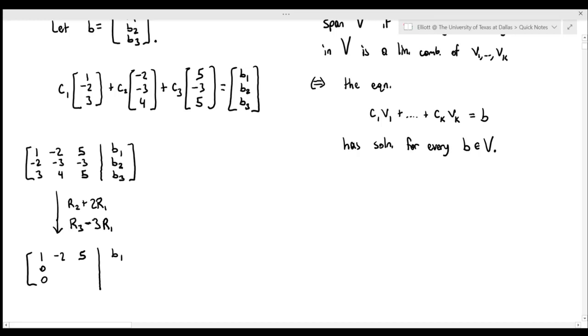And then row 2 plus 2 of row 1: -3 minus 4 is negative 7. Here, negative 3 plus 10, right? It's going to be 7. Here we're going to get B2 plus 2B1.